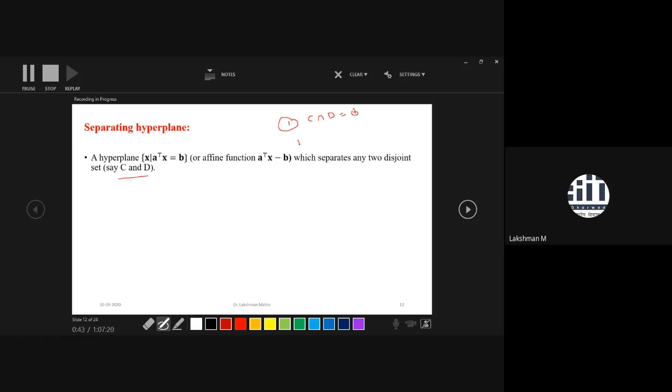The second criterion is that you have to check whether C and D both are convex or not. If either of them is not convex, then you can't talk about separation of two disjoint sets. In the case of non-convex sets, separation is not possible despite being disjoint. So for the second criterion, you have to check that both C and D are convex.